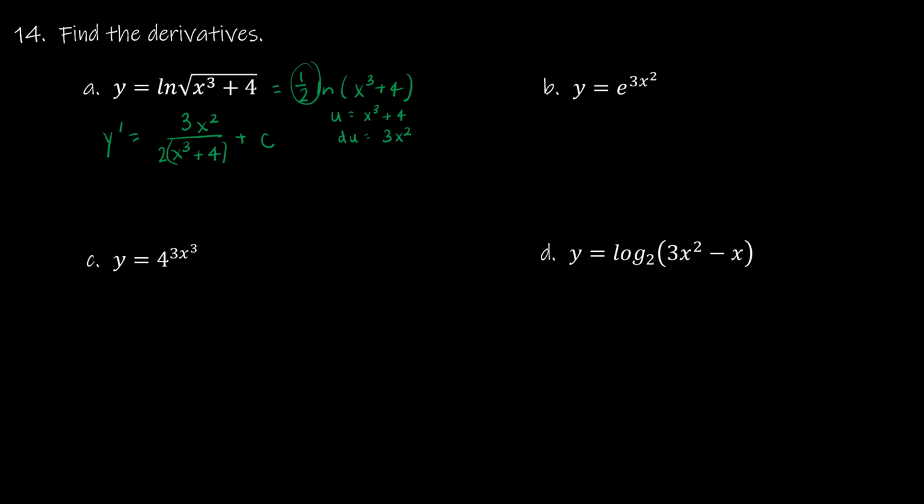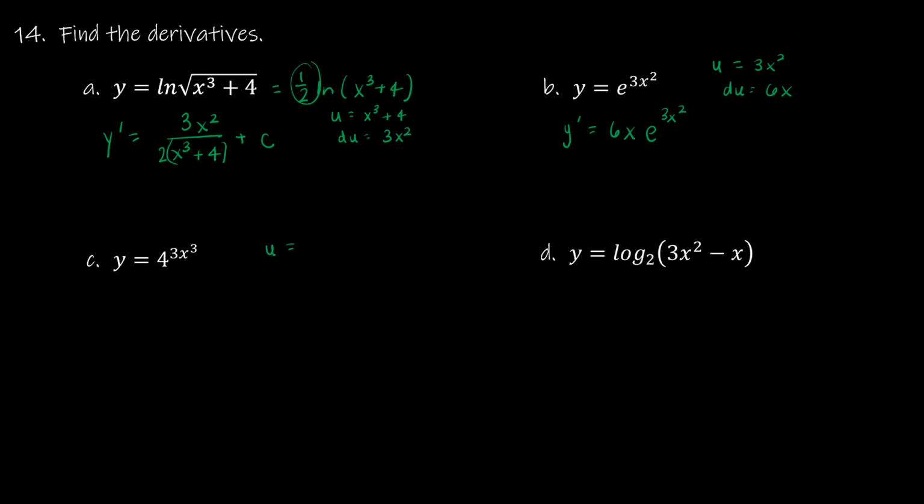So now let's look at b. Remember, with exponential functions, we have u is 3x squared, we have du is 6x. So when I find y prime, it's going to be 6x and then e to the 3x squared. So you just have to include that derivative in there, kind of like the chain rule.